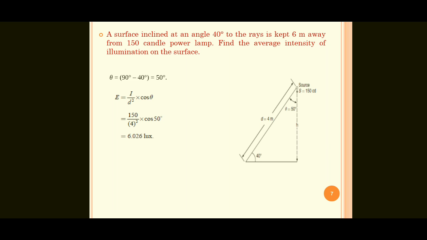So now, the average intensity of illumination on the surface.